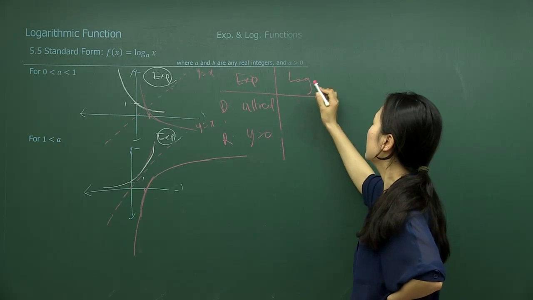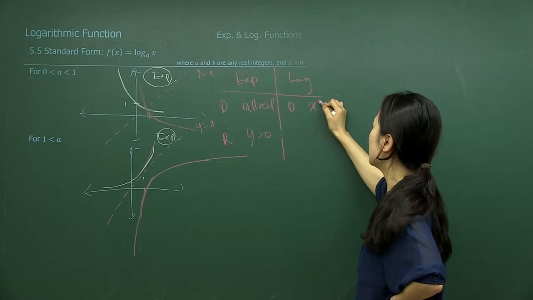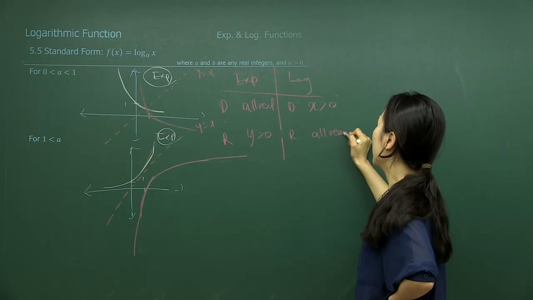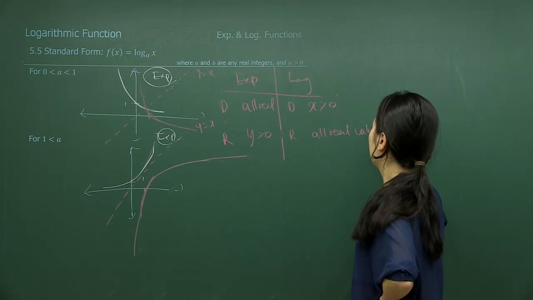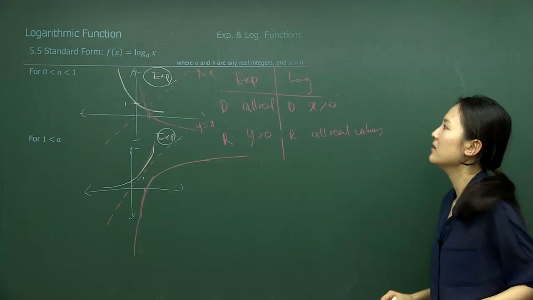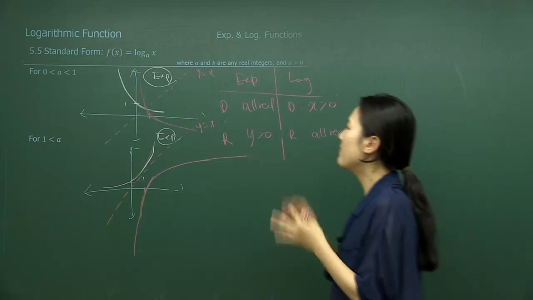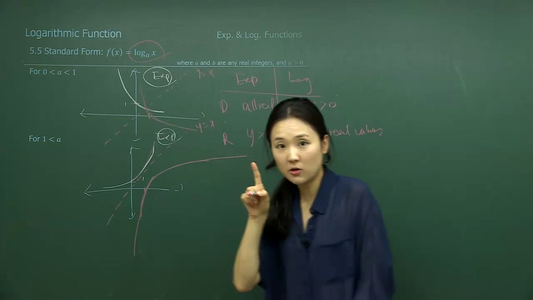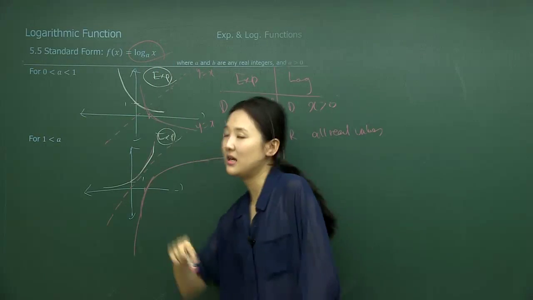For log, the domain is x greater than 0 and the range is all real values. Okay, I'm just talking about a very simple log with some base greater than 0, with an x.